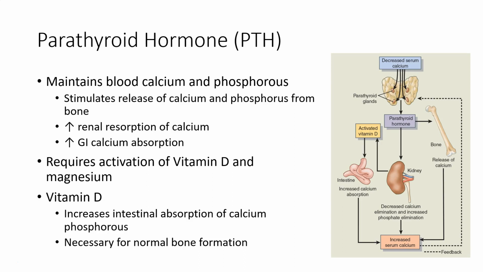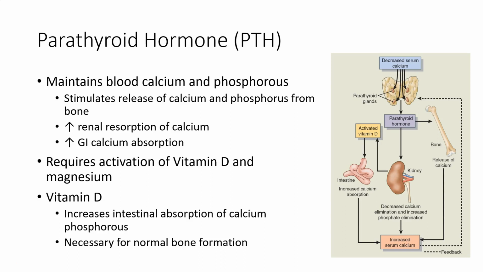So what happens is that parathyroid hormone is released from the parathyroid gland when there's a decrease in blood calcium. This hormone will activate cells called osteoclasts that break down the bone matrix and release calcium and phosphate.